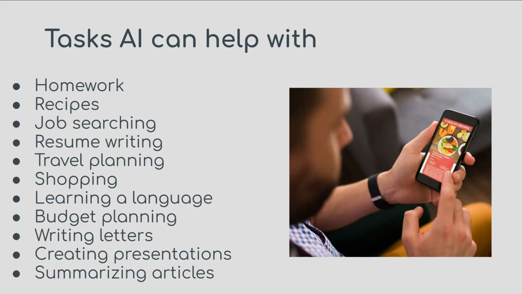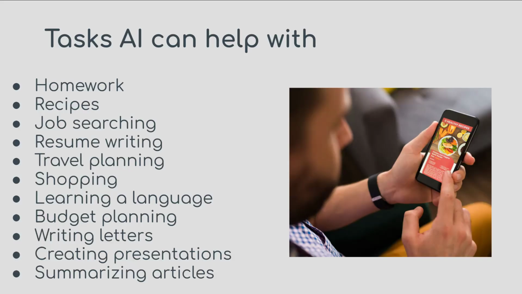Job searching. So instead of asking AI, help me find a customer service job, you might want to prompt it with, help me find jobs in Chicago, or help me find customer service jobs in Andersonville, in Chicago, full-time. So the more details that you give it, the better your answer.